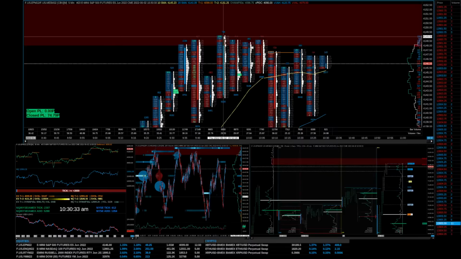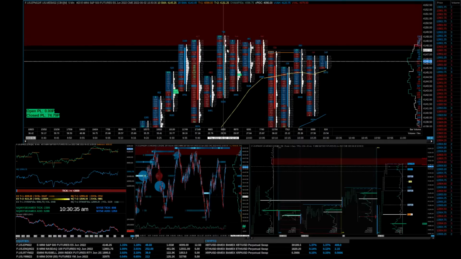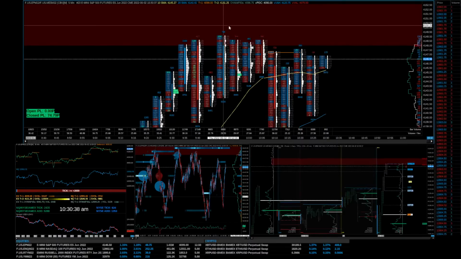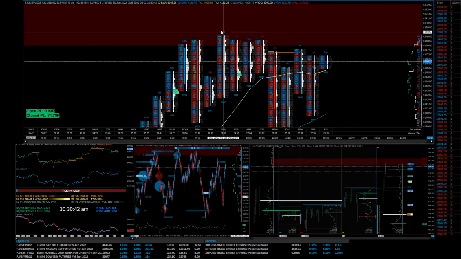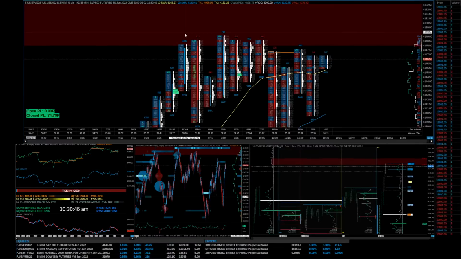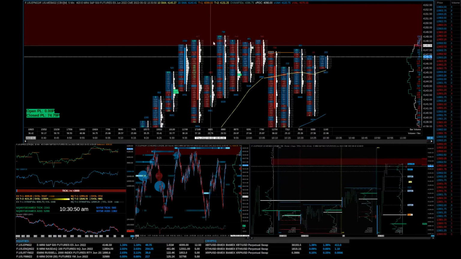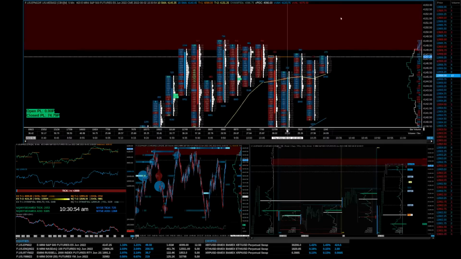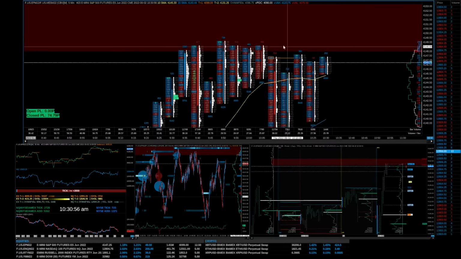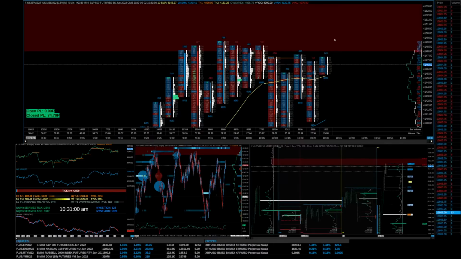Now, if this tapered out really lovely, to like 10, 11, 12, 30, 40 contracts and then whoosh, rejected back in, that's one thing. But right now you just have some sellers in here, some give back, some longs getting shaken out. We're headed back up, ladies and gentlemen. Headed back up.